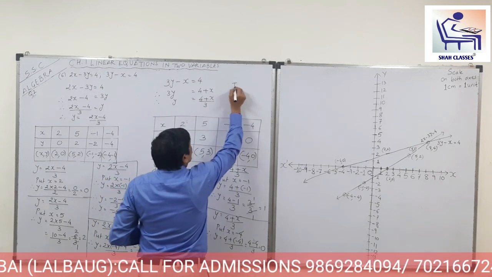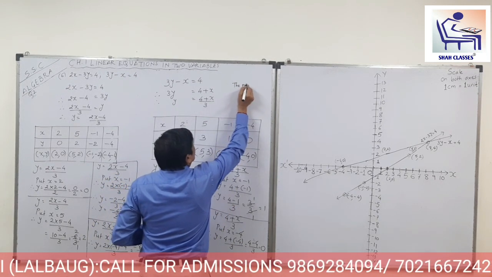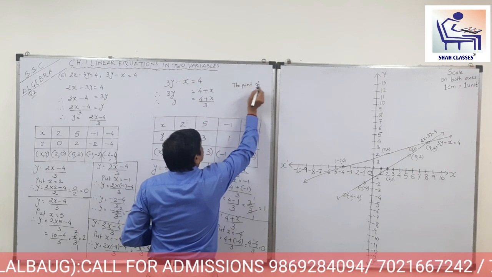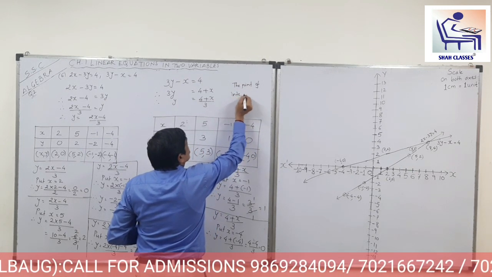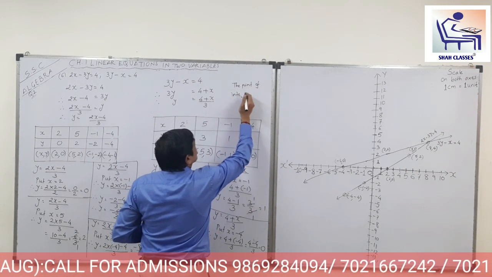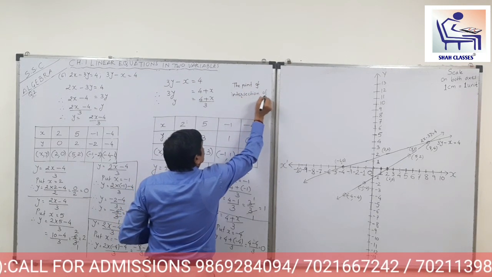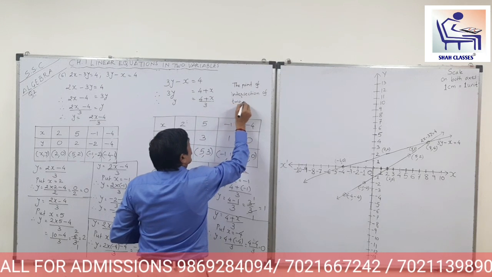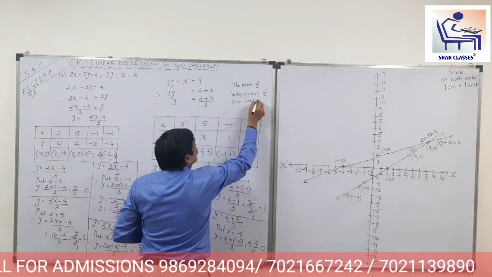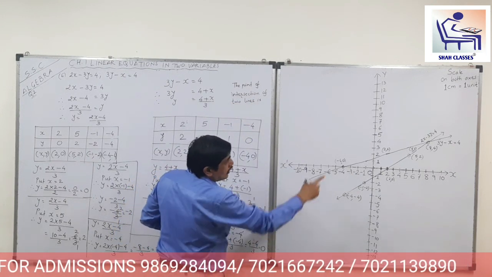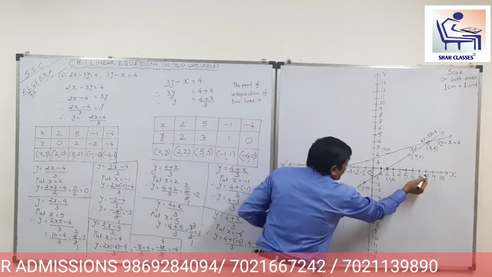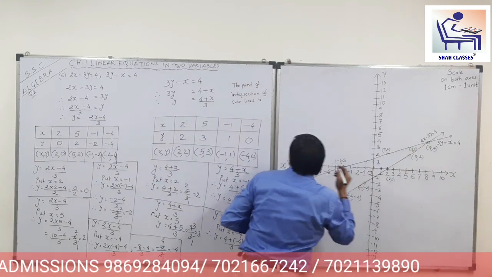The point of intersection of two lines is 8 on the x-axis and 4 on the y-axis.